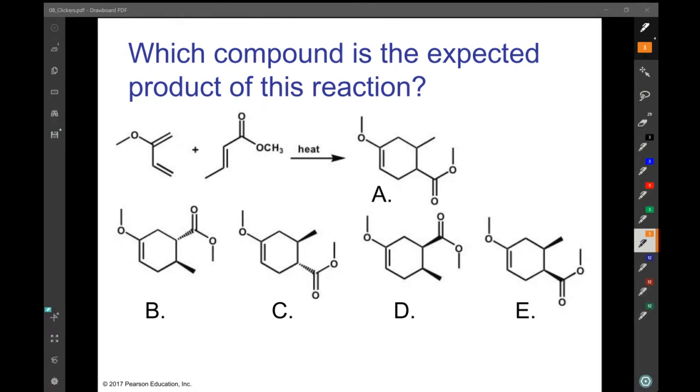Remember, you need to label it as 1, 2, 3, 4, and then A and B, then connect them. That's what will help you find out which is the correct structure. For this one, I will only take two answers as being correct, and then we'll discuss it in detail next class. This is just to give you a hint of what we'll be discussing next class to finish chapter 8.